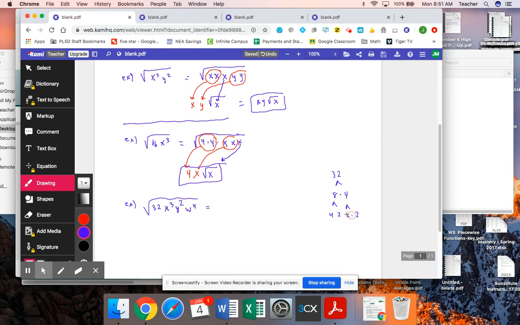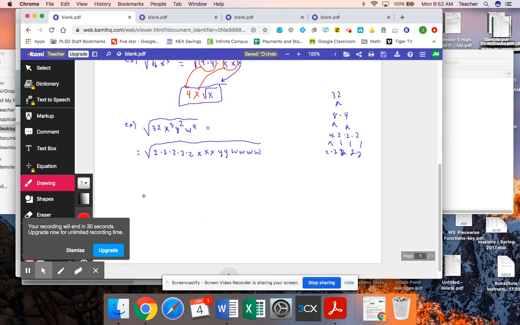That gives me 2 times 2. That gives me 2 times 2, and then bring down these. And so I can rewrite this as 2 times 2 times 2 times 2 times 2, that's 32. And then x, x, x, that's x cubed, y, y, and then w, w, w, w. So all I did was rewrite that with all those prime factors.